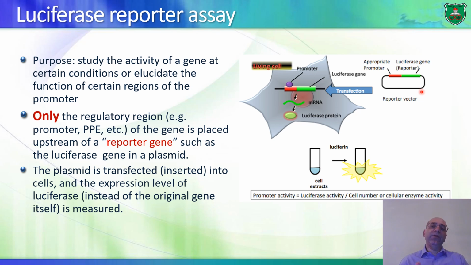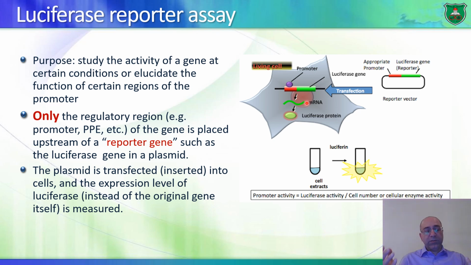Transfection means that we insert the plasmid inside cells, like human cells, which we culture and grow in laboratories. So now we have the plasmid inside cells. Now, the transcription factors, the regulatory proteins that control the expression of the gene of interest, would control the expression of the luciferase.